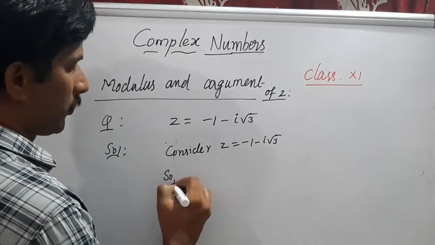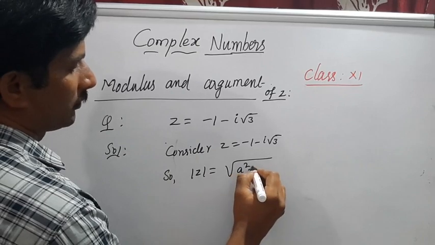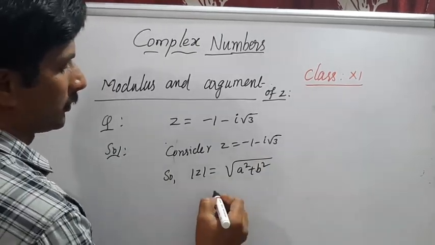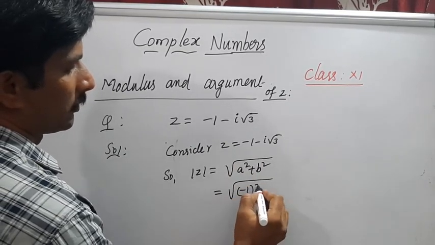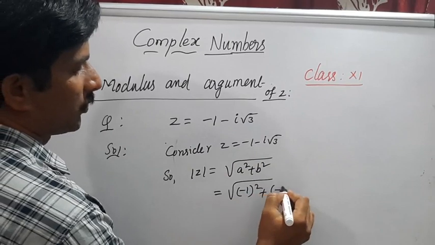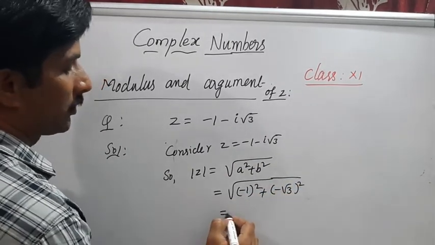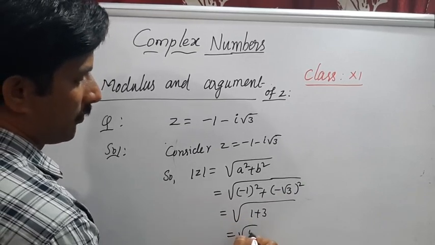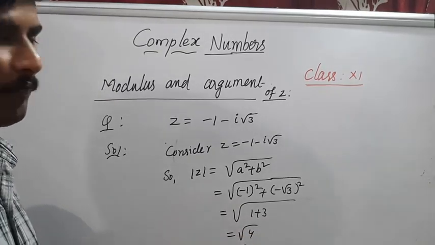So mod Z equal to square root of a square plus b square, where a equal to -1 and b equal to minus root 3. So -1 whole square, minus root 3 whole square, equal to 1 plus 3, square root of 4 is equal to 2. So mod Z equal to 2.